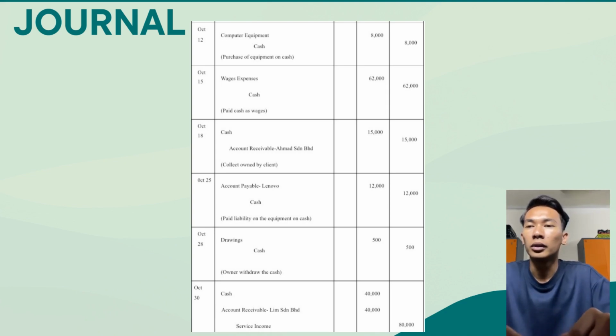And 25 October, account payable Lenovo 12,000 on debit and cash 12,000 on credit. The reason is paid liability on the equipment on cash. 28 October, the drawings 500 ringgit on debit and cash 500 ringgit on credit. The reason is owner withdraw the cash.